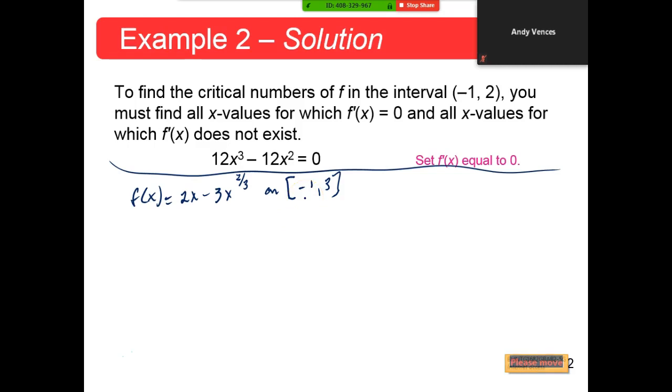Now, whenever I see a fractional exponent, that usually is a signal you might have some problems here, folks. So the first thing I'm going to do is make sure that the function's defined everywhere on that interval. Now, since that is a positive 2/3, that means the cube root of x squared.